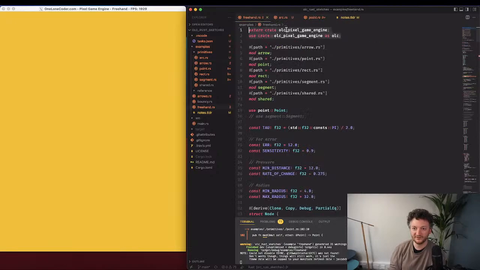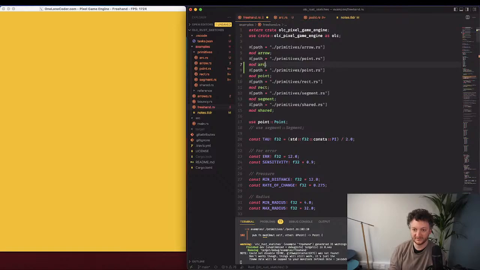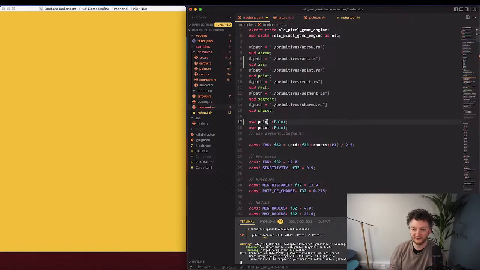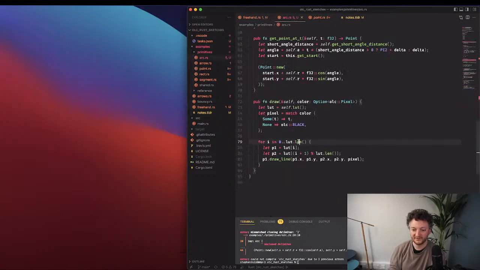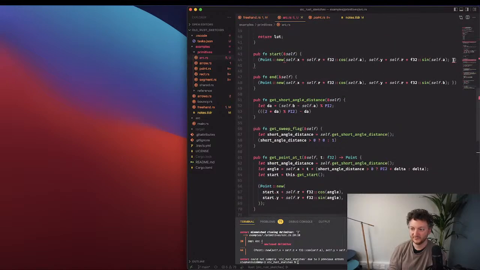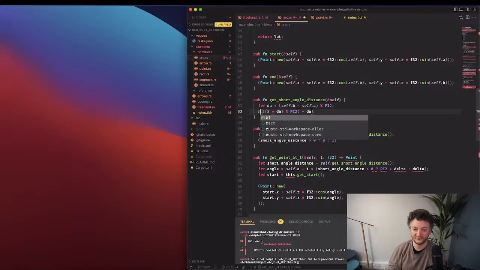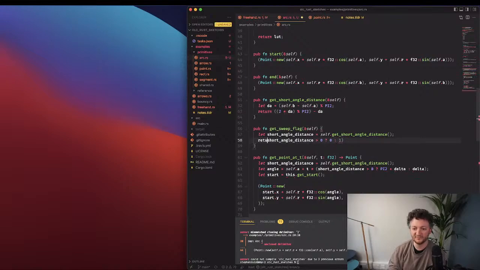Let's bring this into freehand. Mod arc, like arc. I want to use arc. Here we go. That's why. Something's missing. Maybe I do have to do a return. I thought you could just do this, or maybe that's, I don't know what I'm thinking of.